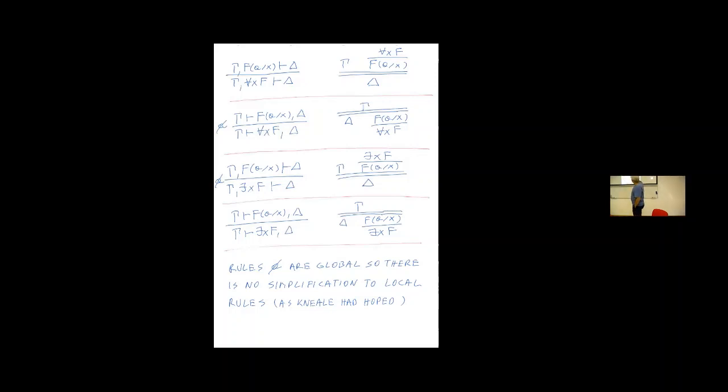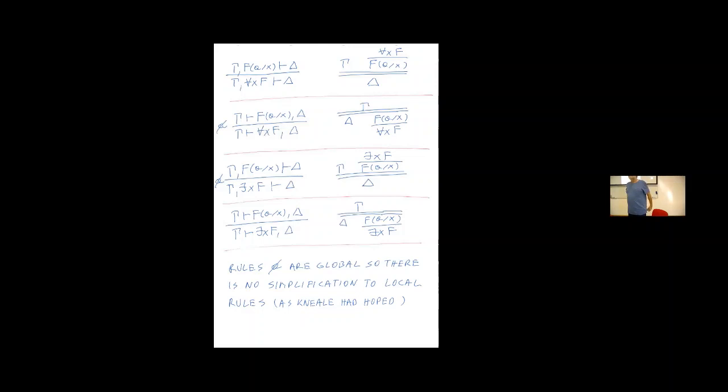Because to conclude from FA to for every x F, you have to look up the derivation to see that in the assumptions for this derivation there is no A in the formulas which are assumed. So it is actually a global rule. So he succeeded in eliminating global rules in the propositional part, but not in the quantifier part.